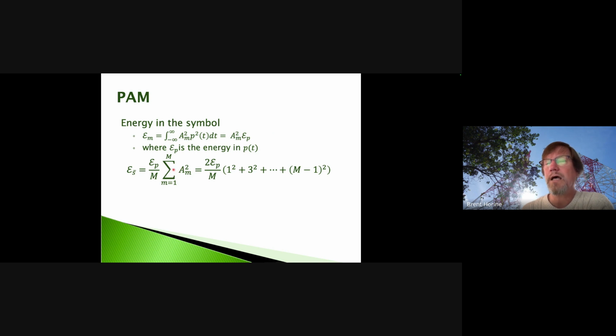That would be confusing because there's no probability coefficient out here multiplying these, right? So we're assuming that they're equally probable. So we can then pull out this E sub p, because that's always the same, and then we just divide by the M. In the earlier form where we had the probability out here, that was accounting for this M, right?